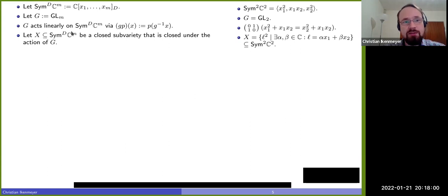So let's have a subvariety X of our space of polynomials, a closed subvariety that's also closed under the group action. And the standard example is, let's look at the set of all polynomials that are homogeneous polynomials squared.